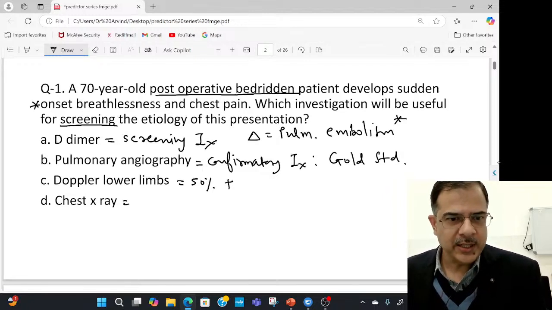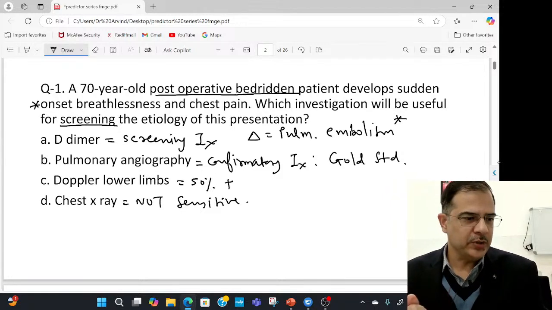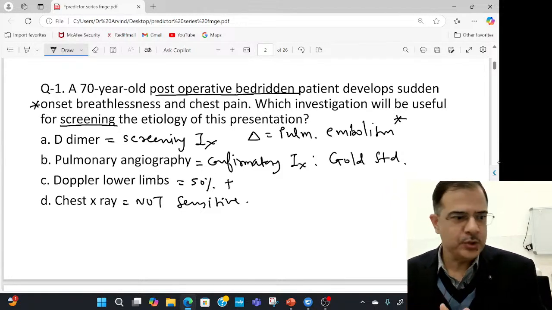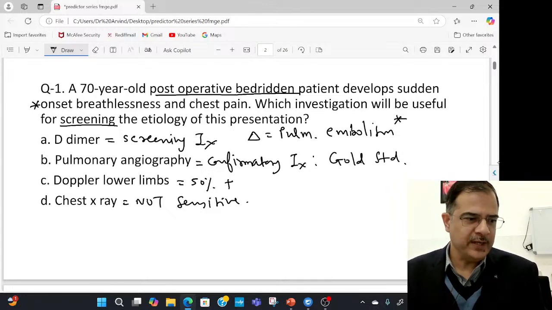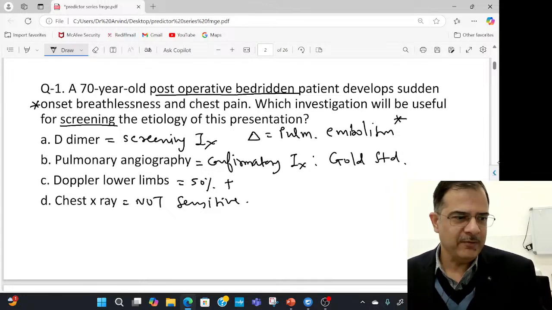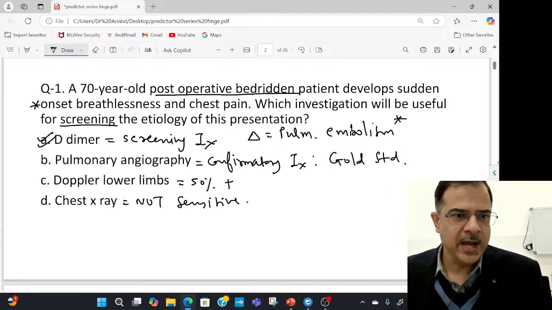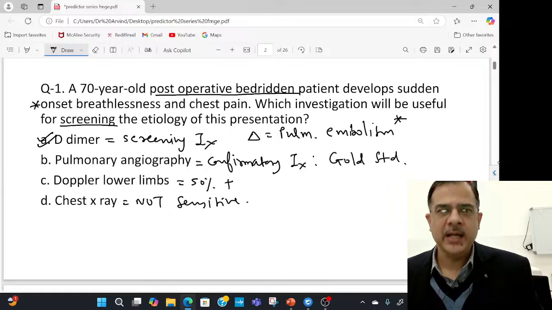Again, chest X-ray is not sensitive for diagnosis of pulmonary embolism. The investigation of choice will be CT pulmonary angiography. Yes, most of you have given me the correct answer. The answer is option A, D-dimer.